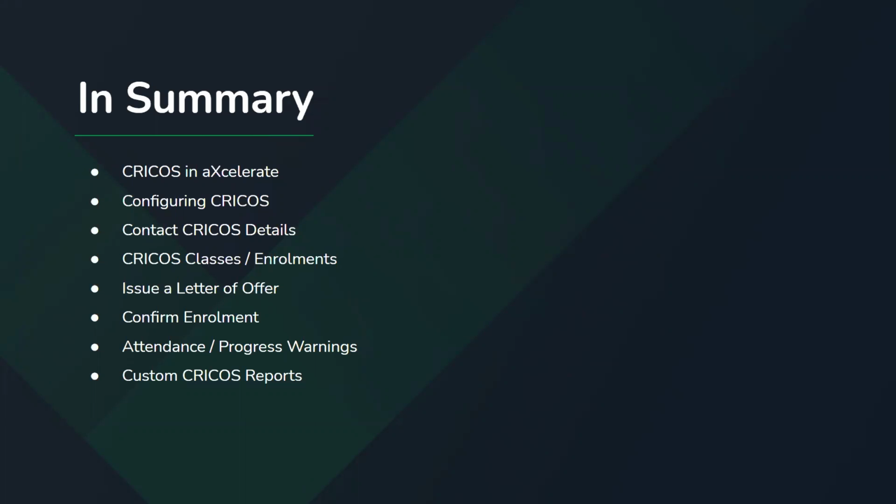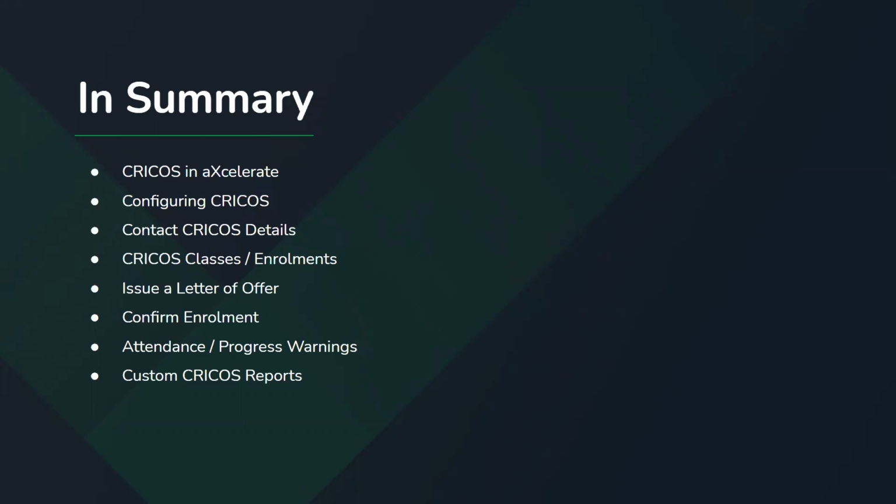Now, the class itself doesn't have to be CRICOS-related. All it has to be is timetabled so that we can mark the student's attendance. We looked at issuing a letter of offer to that student and the best way of recording that against their profile. We showed you the best process of confirming the enrollment, keeping in mind we have to tentatively enroll the students.